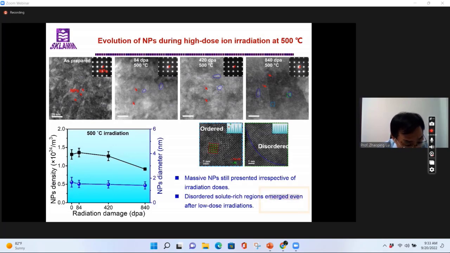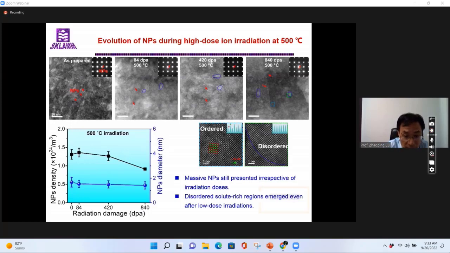The number density is reduced a little bit, as shown on the left bottom figure by the black curve, while the size remains the same. We have checked these nanoprecipitates by high-resolution TEM. They are still ordered; they still have the ordered lattice.